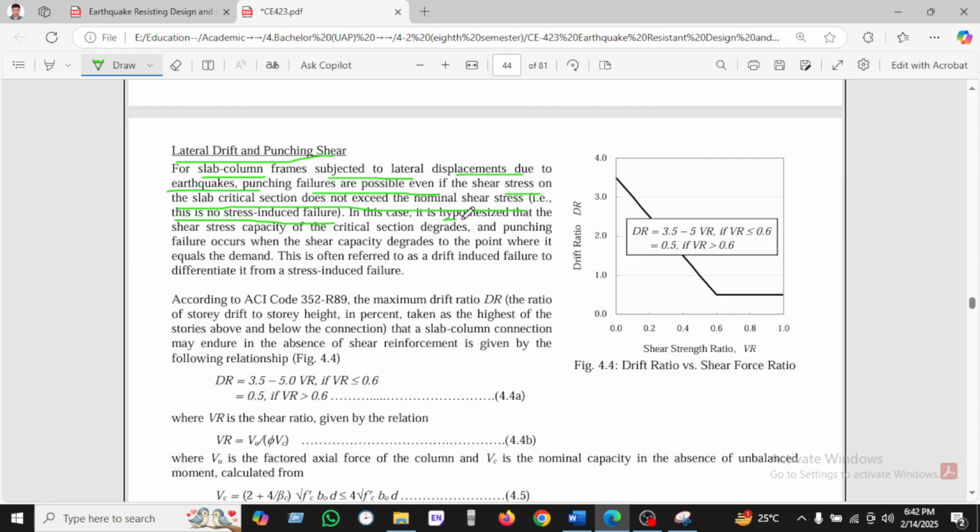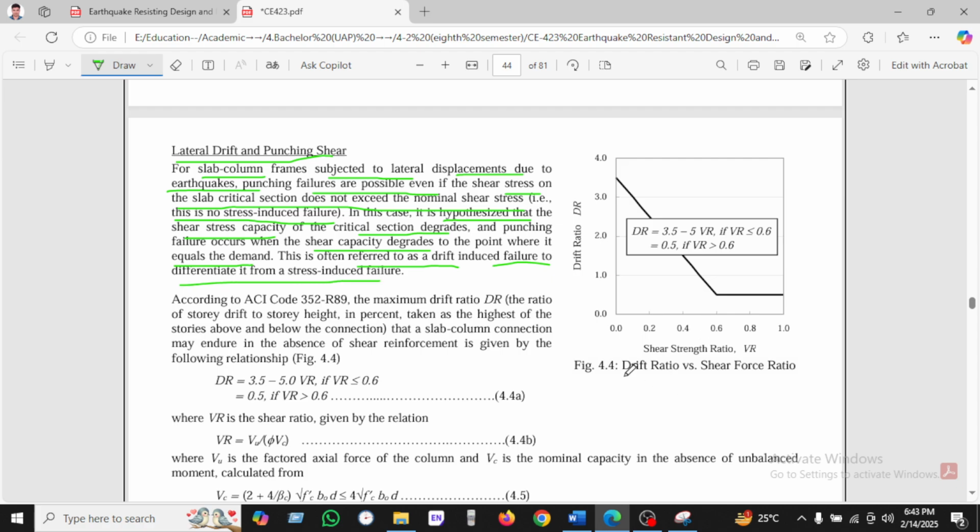In this case the shear stress is taken at the critical section, the capacity degrades, and punching failure occurs when the shear capacity degrades to the point where it equals the demand. This is often referred to as drift-induced failure, as distinct from stress-induced failure.